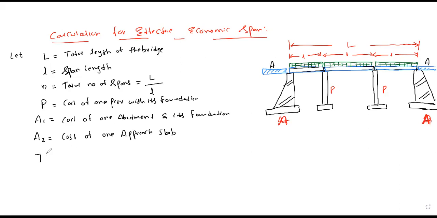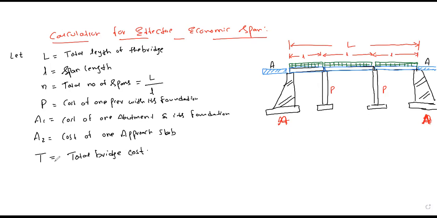Okay. And finally, capital T. Capital T is nothing but total bridge cost. Understand, guys? So this is the total bridge cost. So these are the important things we have to know before starting the derivation: total length of the bridge, span length, number of spans, cost of one pier with its foundation, cost of one abutment with its foundation, cost of one approach slab, and total bridge cost.